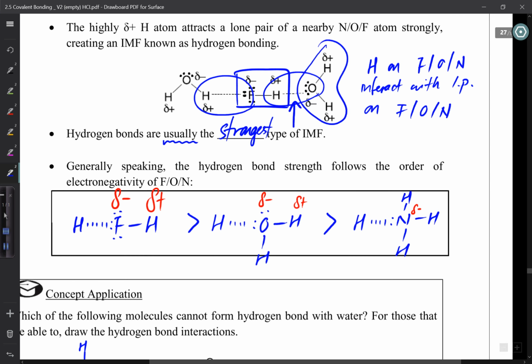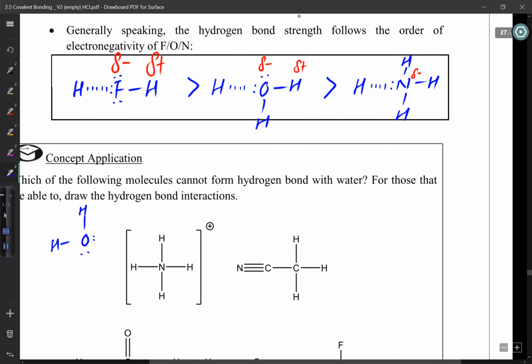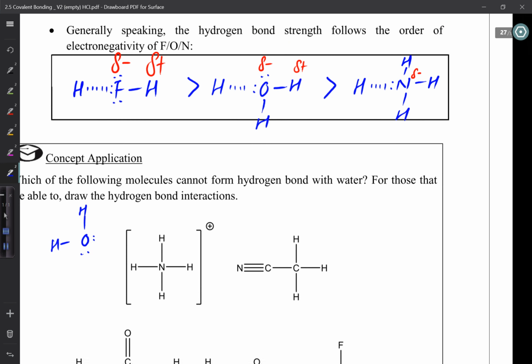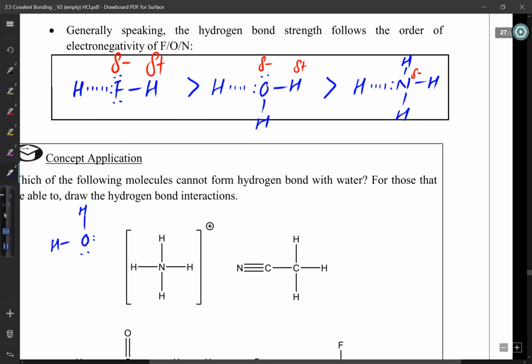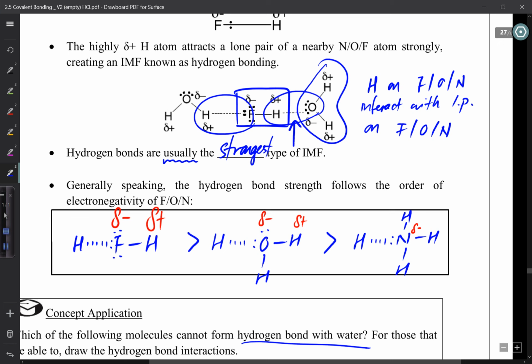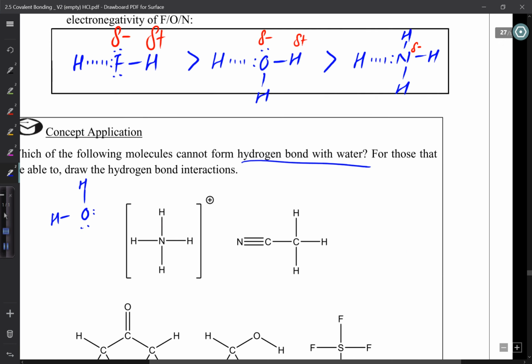So the definition is H on FON interacting with a lone pair on F, O, or N. Water has a lone pair, right? So now you satisfy this criterion. Do you have H on F or N? Yes, you have H on N. So why can't it form?